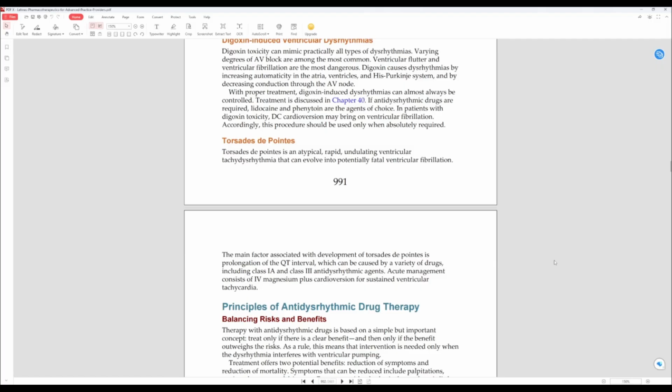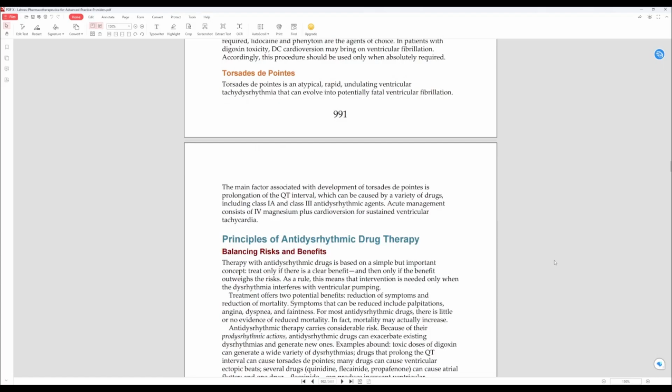In patients with digoxin toxicity, a DC cardioversion may bring on a ventricular fibrillation. Accordingly, the procedure should be used only when it is absolutely required. Finally, torsades de pointes. Torsades de pointes is an atypical, rapid, undulating ventricular tachycardia that can evolve into a potentially fatal ventricular fibrillation.